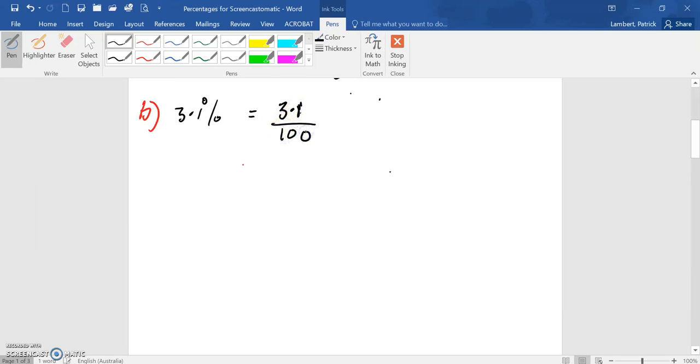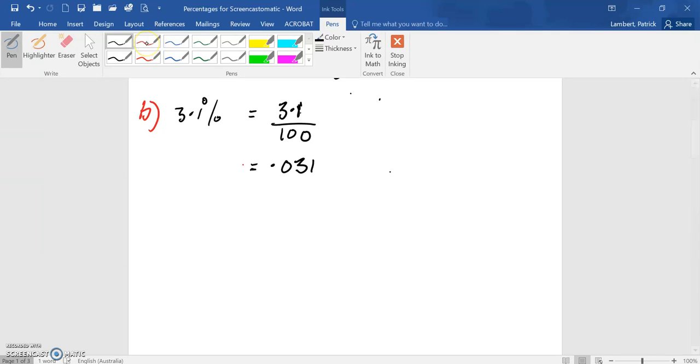Again, we shift the decimal point 2 places to the left, so the answer becomes 0.031. So there we have it, expressing a percentage as a decimal, just putting it over 100 and moving the decimal place 2 places to the left.